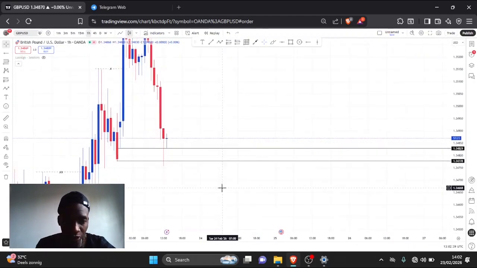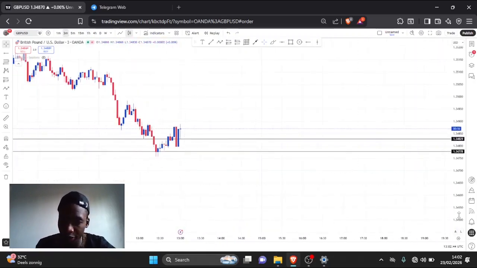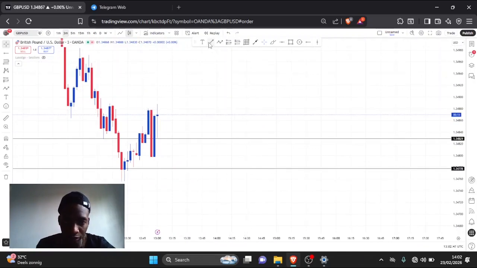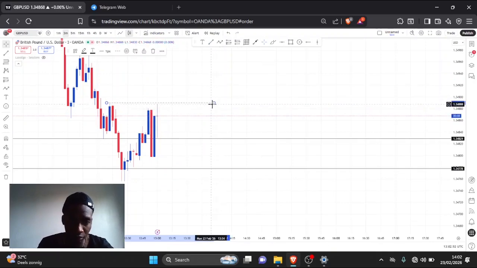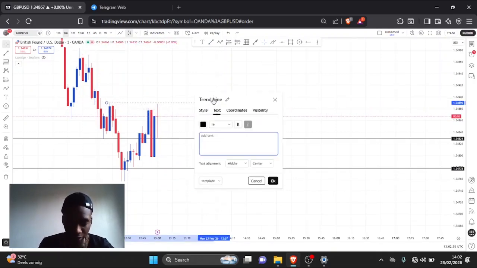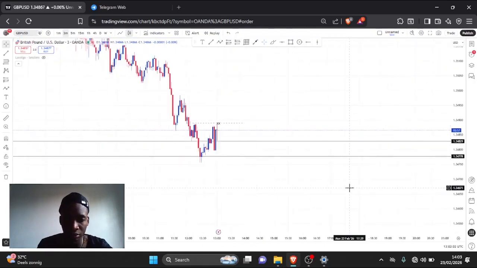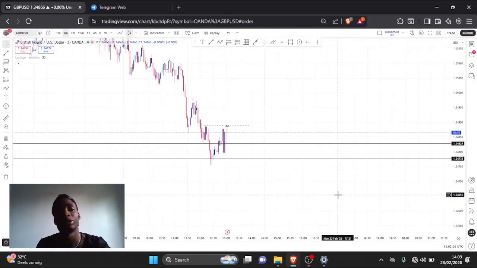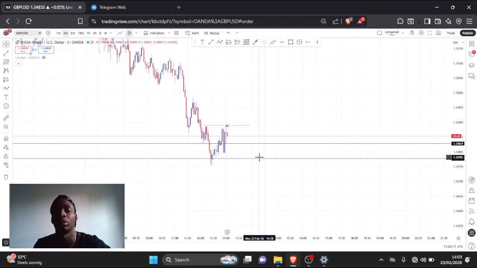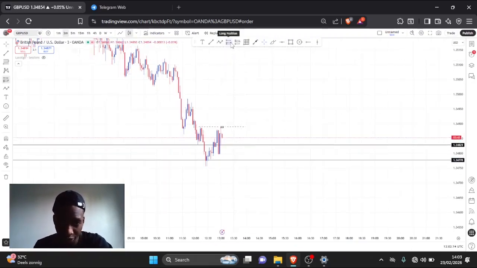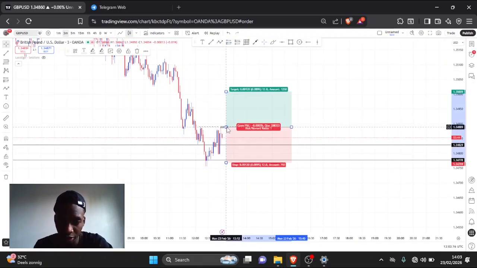Now what we're looking for is a change of character. So I'm waiting for this to have a change of character. Once it breaks above that point, we'll be entering our first trade of the week.